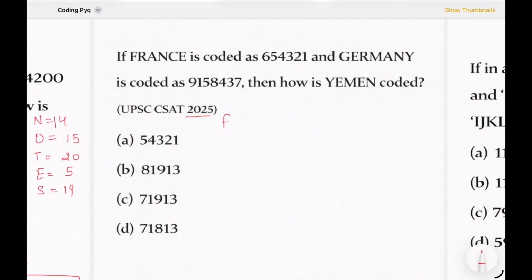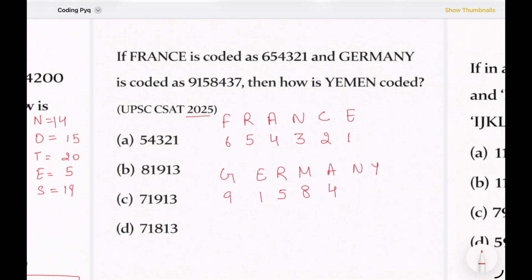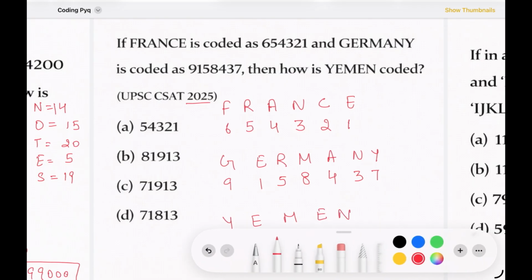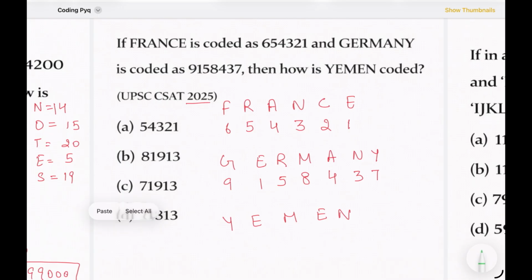Now, France is coded as 6, 5, 4, 3, 2, 1. And Germany is coded as 9, 1, 5, 8, 4, 3, 7. We have to find out how Yemen will be coded: Y, E, M, E, N. Y is coded as 7.